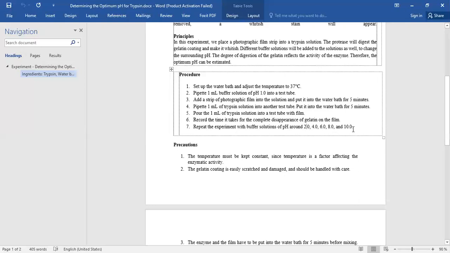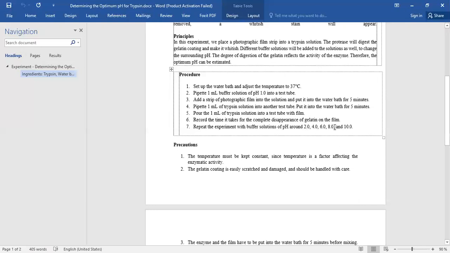and we will take the time which the trypsin requires for the change in color, meaning the time in which the photographic film is converted into white color.